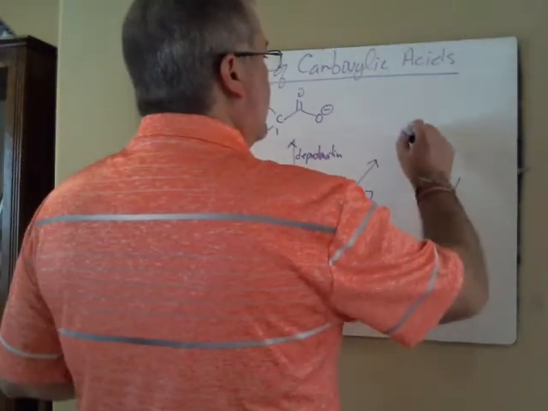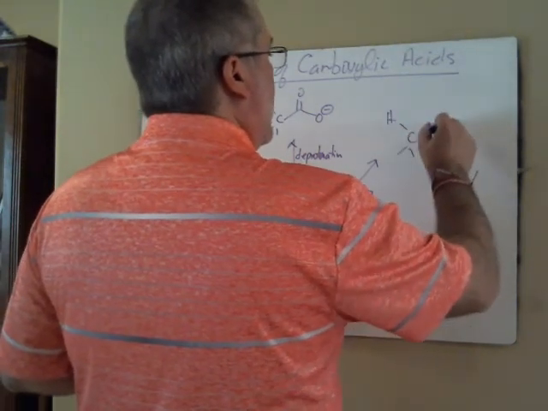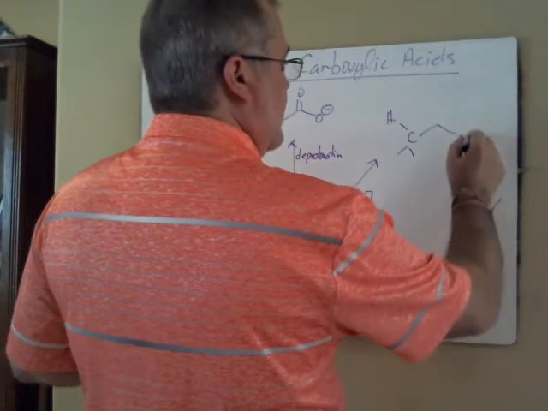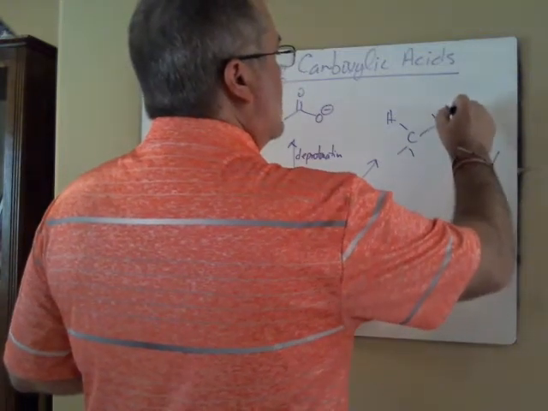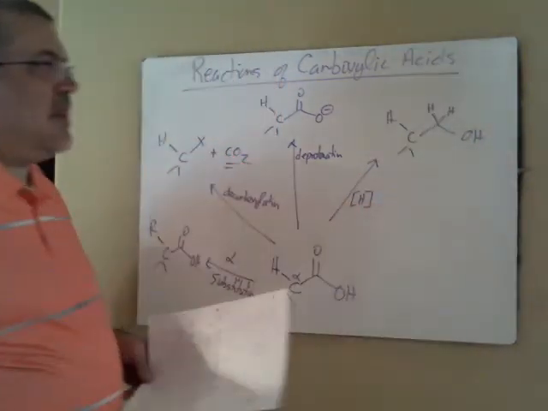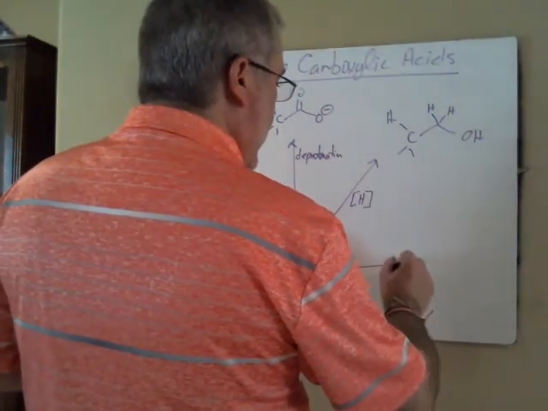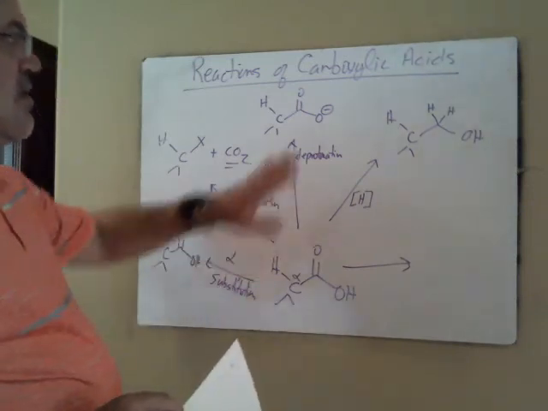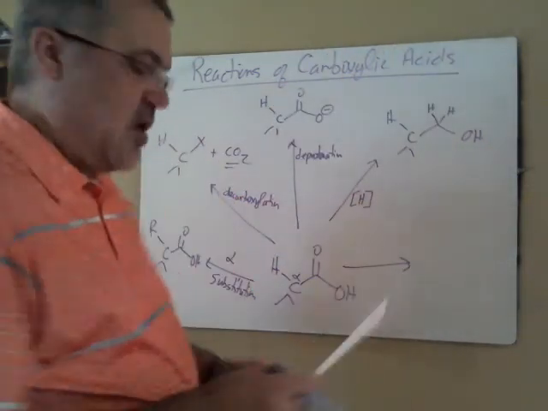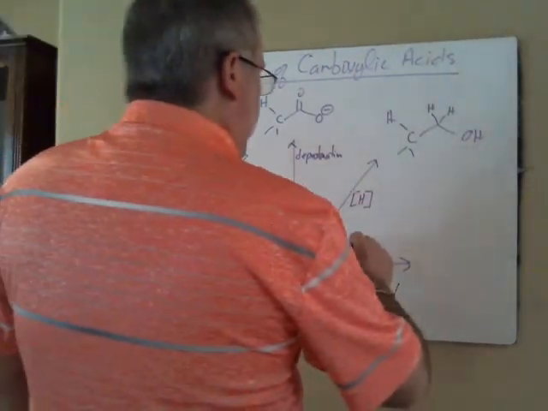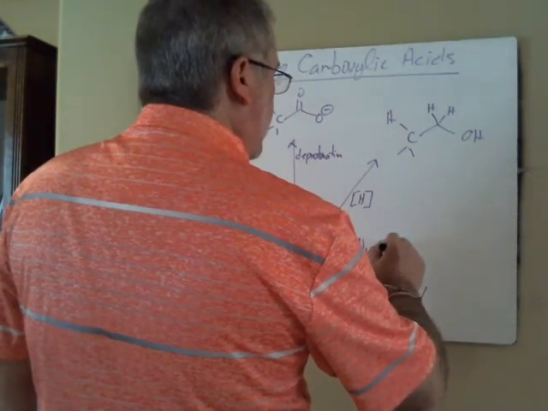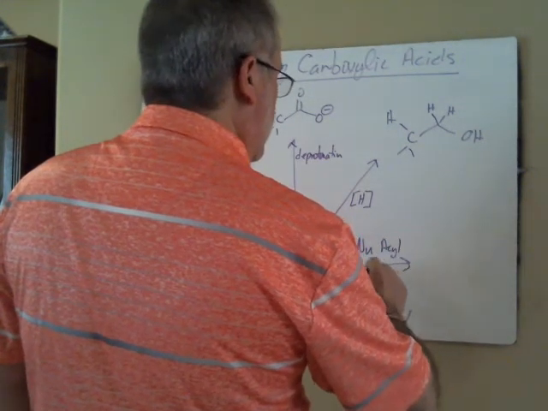Because when you reduce this, what happens? You reduce it to the alcohol. And then we're also going to talk about the most important reaction that the carboxylic acid derivatives undergo, and that's nucleophilic acyl substitution.